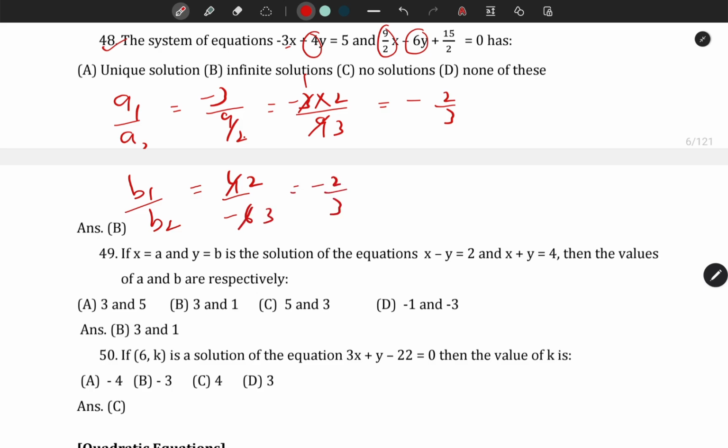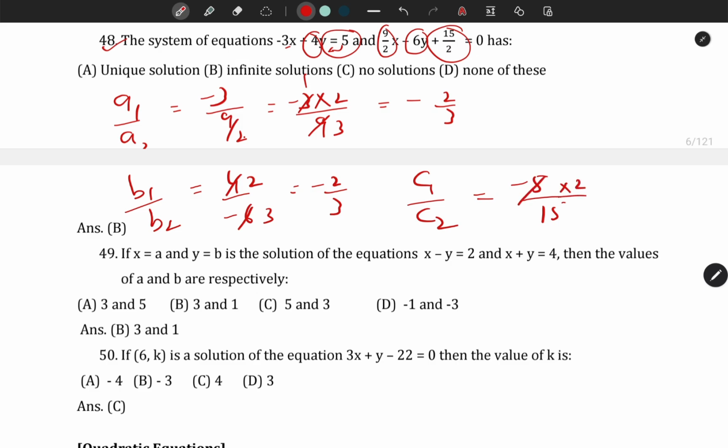Now we're getting the first two ratios equal, so we have to check c1 by c2. Now c1, if you bring this 5 to the left hand side, it will be minus 5. c1 by c2 will be minus 5 by 15 by 2. 15 by 2, let's write that 2 in the numerator.